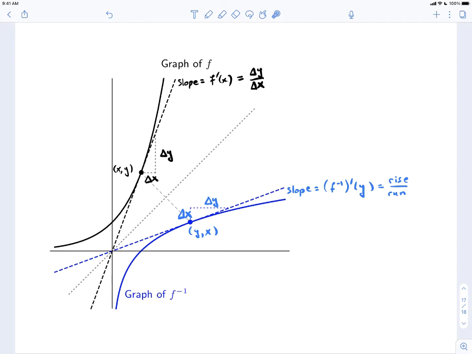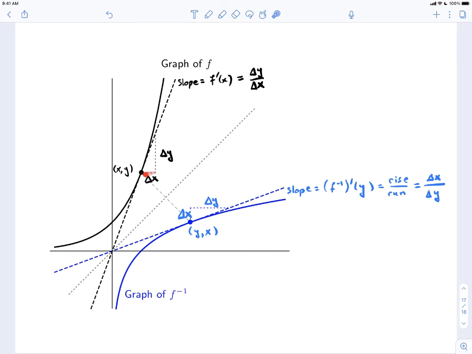But look at what the rise is. The rise is now delta x. So this is delta x over the run, but the run is delta y. Now this shouldn't be as surprising as it might seem, because remember, when you reflect through the line y equals x, you swap the roles of the x's and the y's.